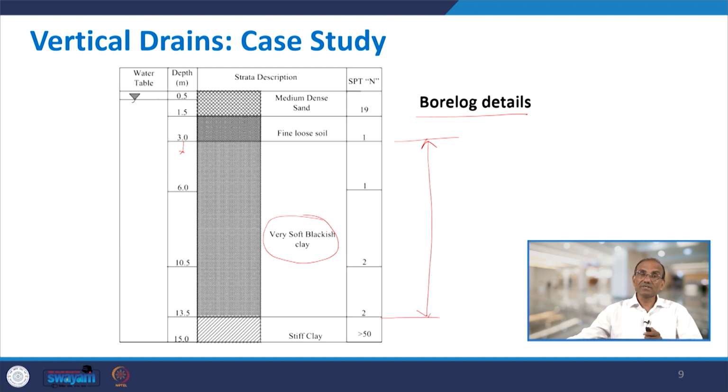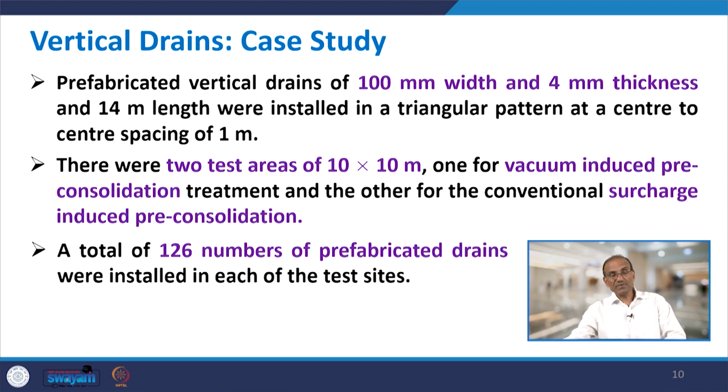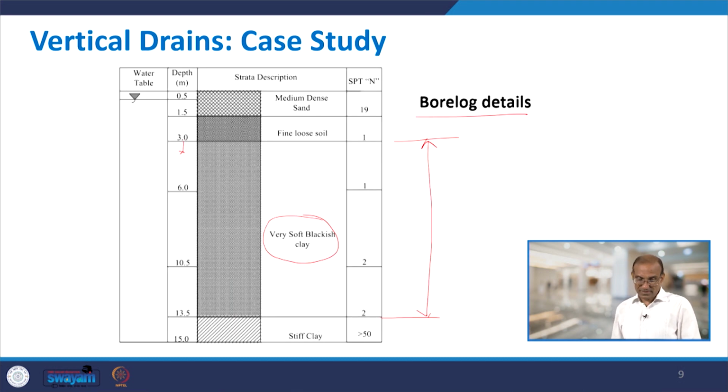So, what we do is provide some drains, so the water inside the soil comes out through these drains. Prefabricated vertical drains of 100 mm in width, that is 10 centimeter, and 4 mm thickness, 14 meter in length, were installed. 14 meter will cover quite enough, because from 3 to 13.5 is only 10.5 meter.